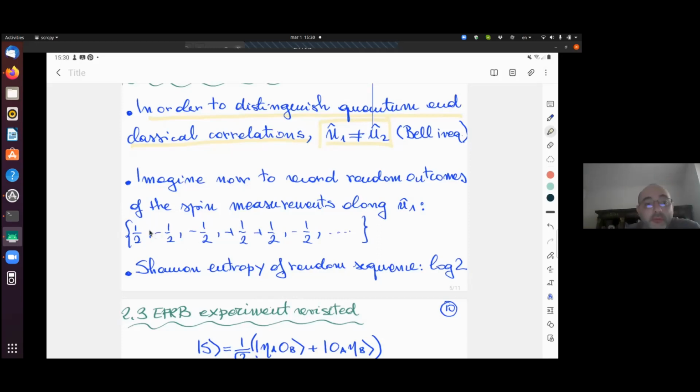And more than this, the random sequence of measurements that you observe in region A doesn't tell you anything about quantum mechanics. It's just a sequence of numbers, plus 1/2, minus 1/2, with probability 1/2 each. So it's just the Shannon entropy of a bit, and of course it's the entanglement entropy, log of 2 of the system.